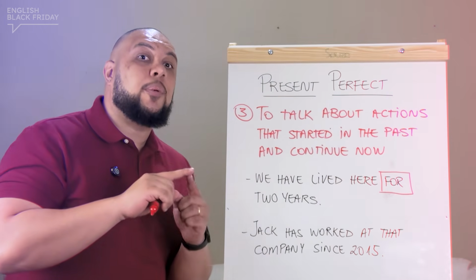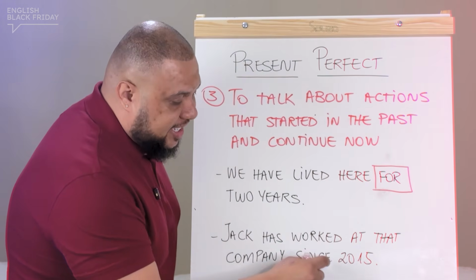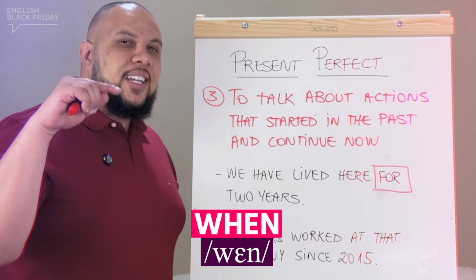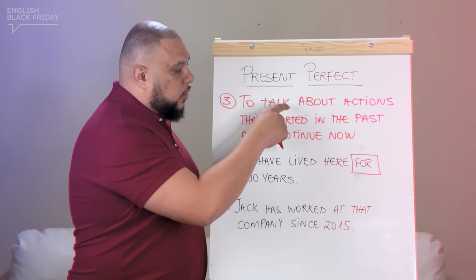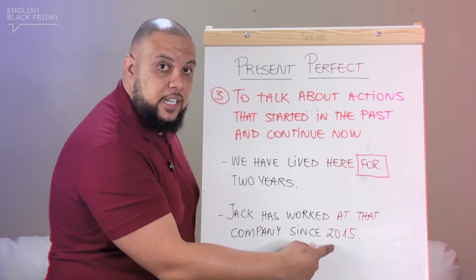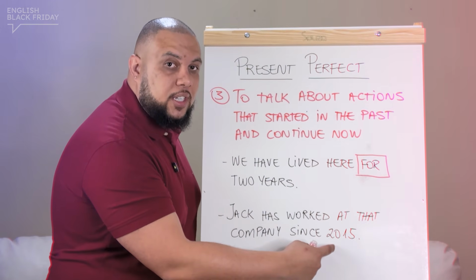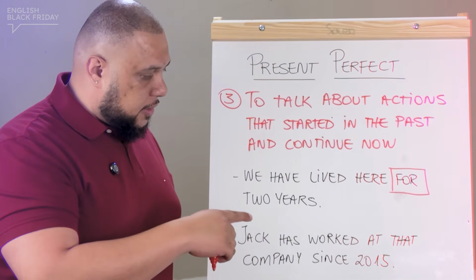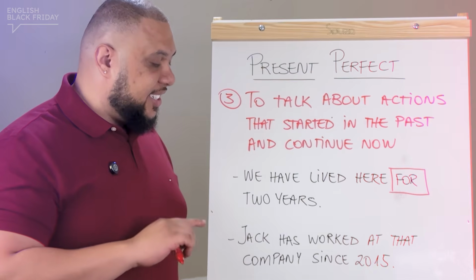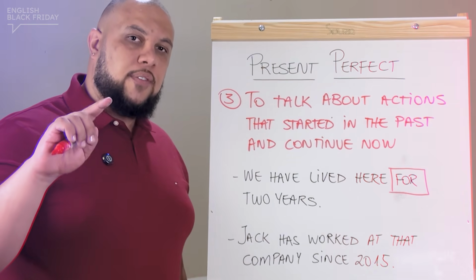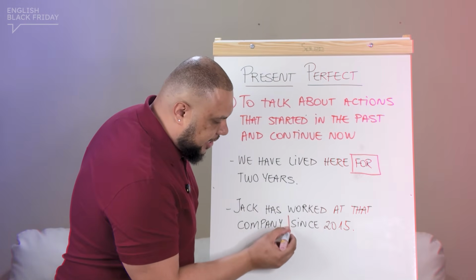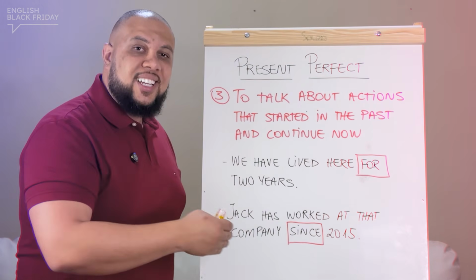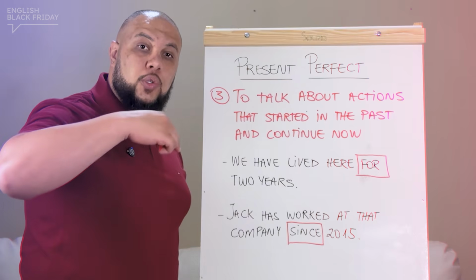But when I say since, I actually indicate when that thing started. So it started in the past, 10 years ago, in 2015. So I use since for that. Jack has worked at that company since 2015. So since indicates when that action started, and that action is still happening to this day.